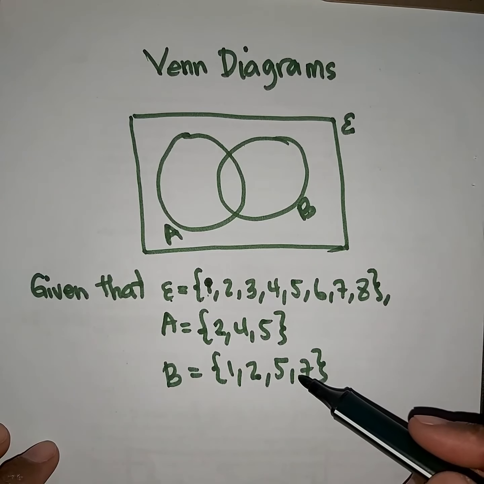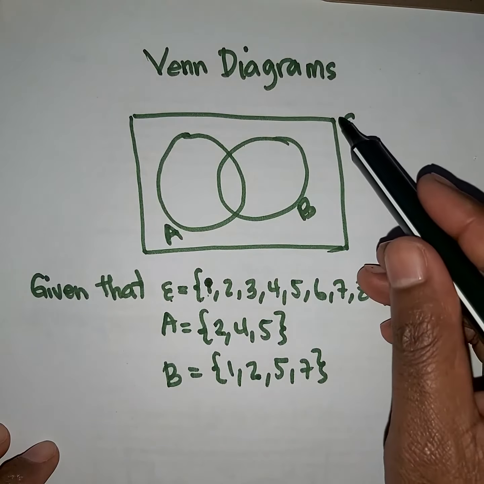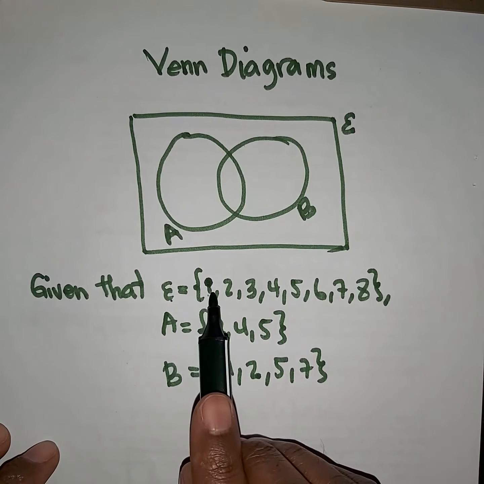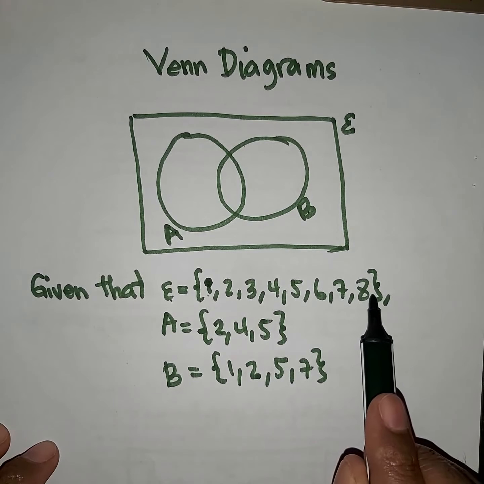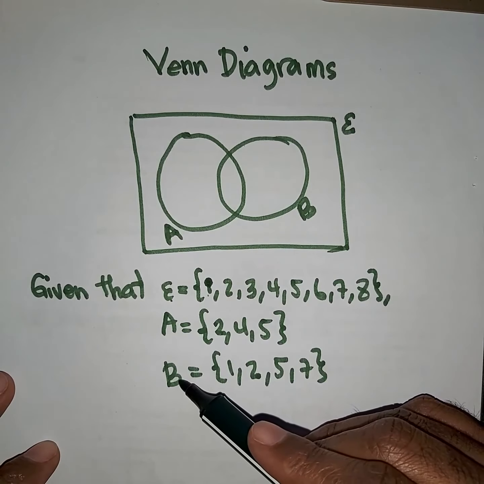Represent these sets inside the Venn diagram. That's the universal set with all numbers 1 all the way to 8, and inside the Venn diagram you have set A and set B.